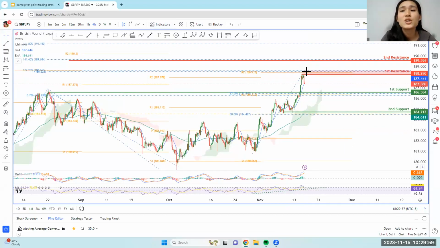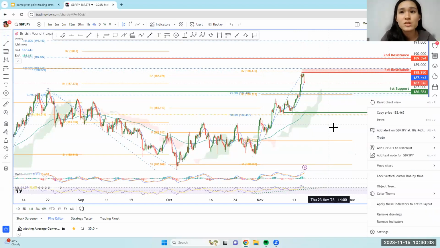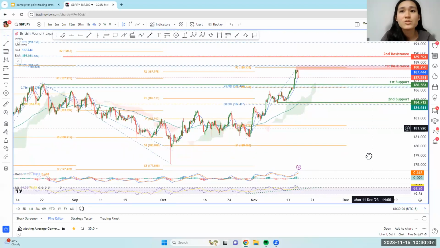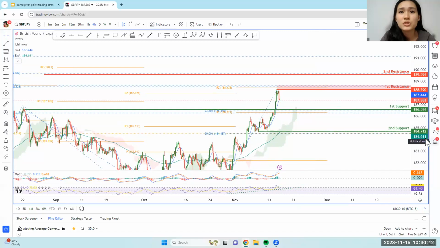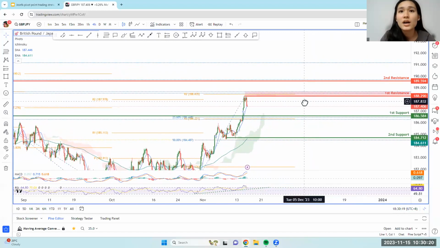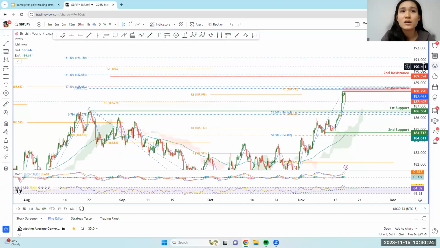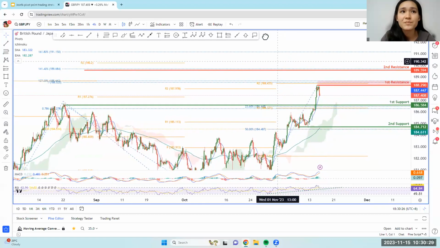We can see price moving above both of these values, so it's also giving us a bullish signal. So pretty bullish over here. We might see a reversal back to our first resistance because it does tend to attract price. And when that happens, we can go in for a buy towards our next resistance, which is the second resistance here.